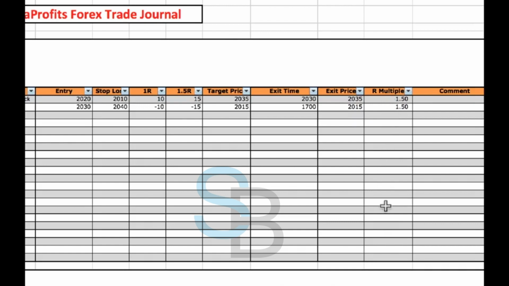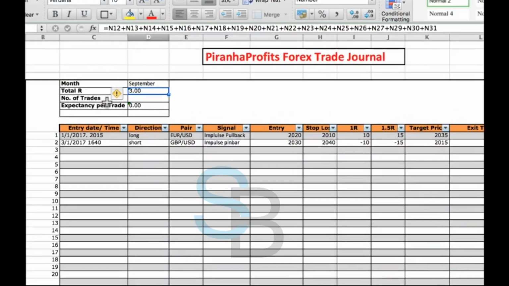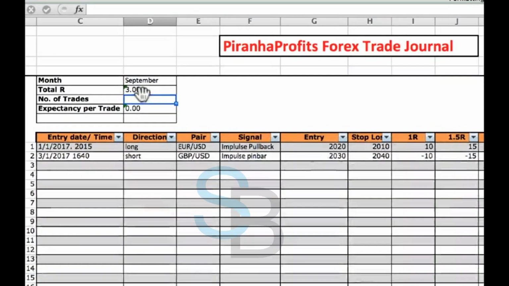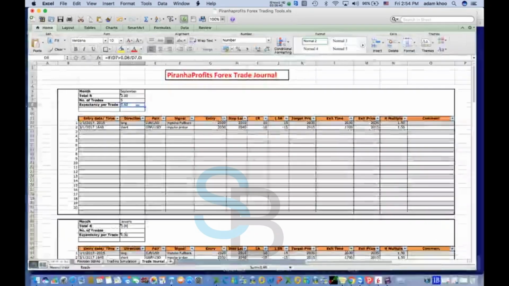All the R multiples will sum up to here. You're going to key in the number of trades, right? So let's say you get 3 R out of 5 trades. So your expectancy is 0.6. Right? Your expected profit per trade is your total R divided by number of trades. So that means on average, each trade you get 0.6. Make sense? Okay.